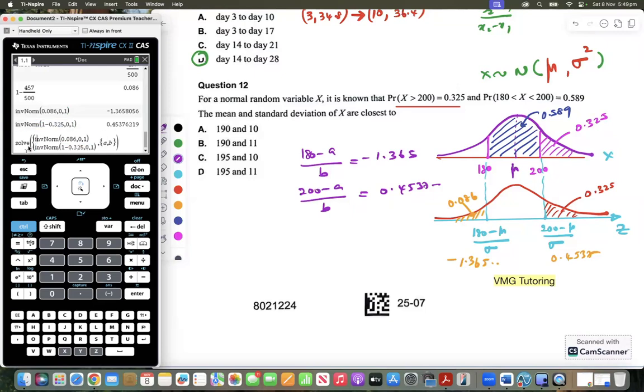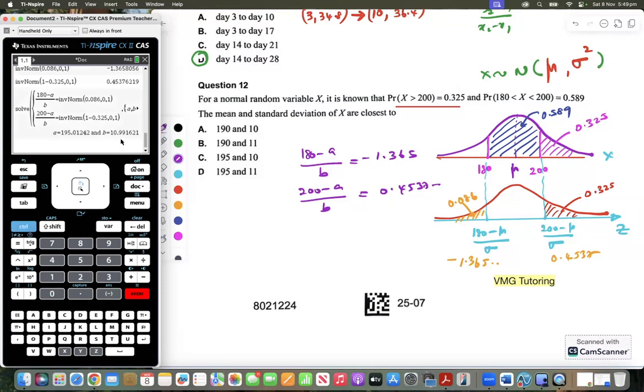This should be equal to 180 minus A divided by B. Let me copy that, can save some time here. So that one is 200 minus A. I'm supposed to find A and B.